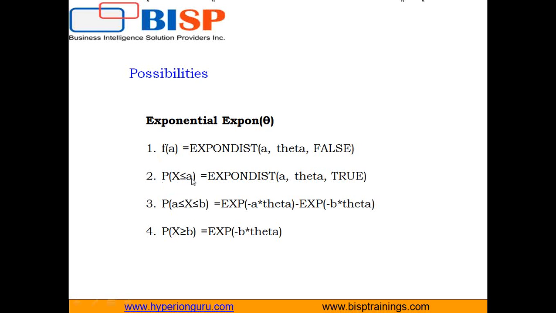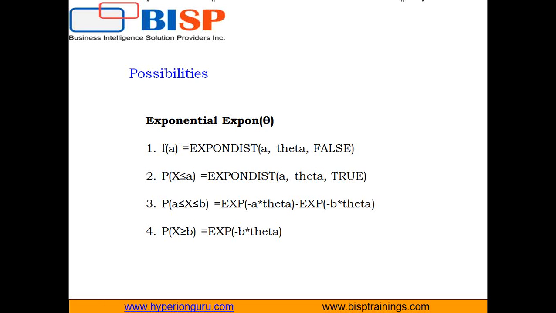If the value of x is less than or equal to a, then the cumulative value will be true. If the value of x lies between a and b, then the EXP function is used to calculate the exponential, and if x is greater than or equal to b, then EXP is used to calculate the value for the exponential distribution.